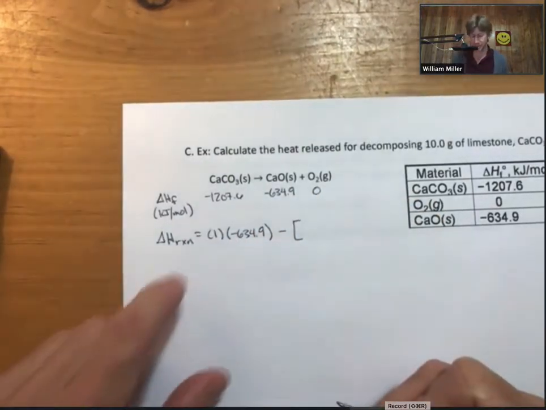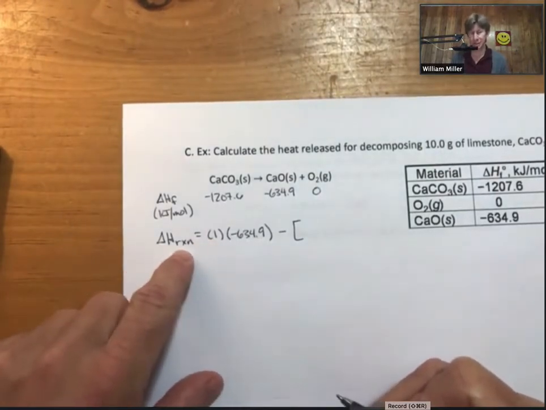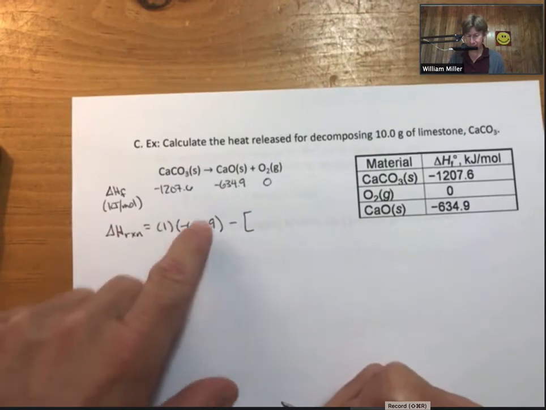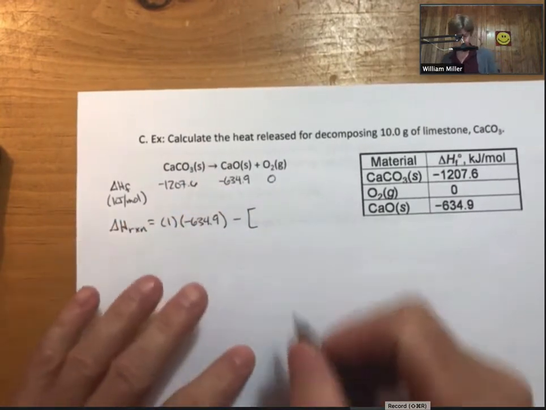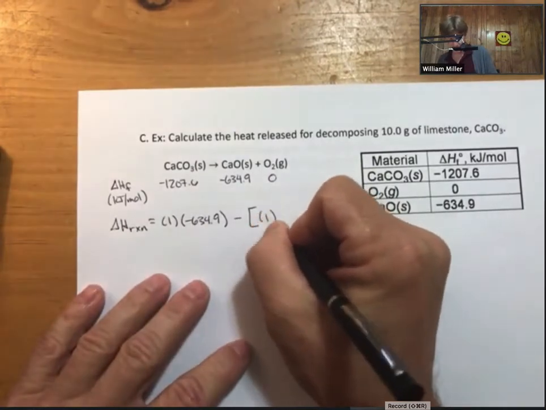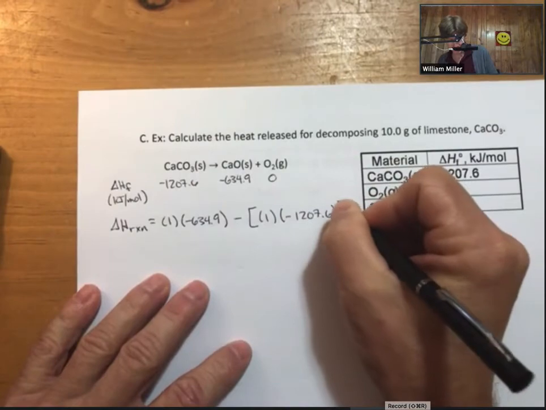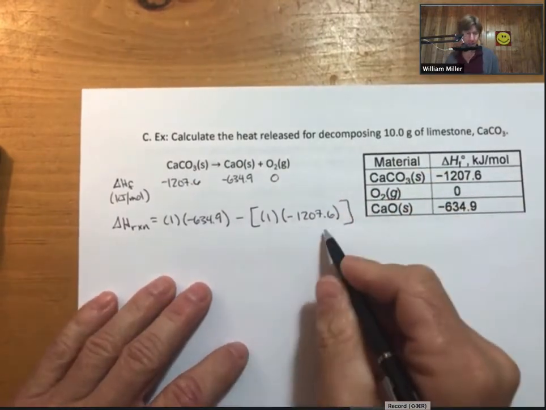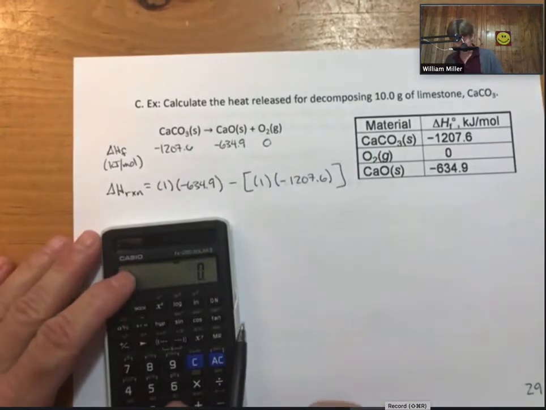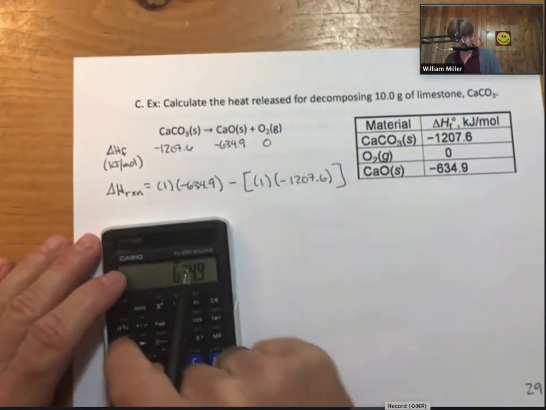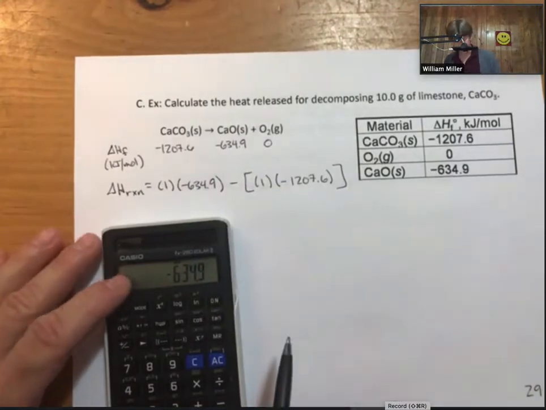Applying the formula for delta H reaction from a previous video, we've got 1 times the delta HF for the products, minus the reactants, times 1, and we'll omit the math for the 1s.